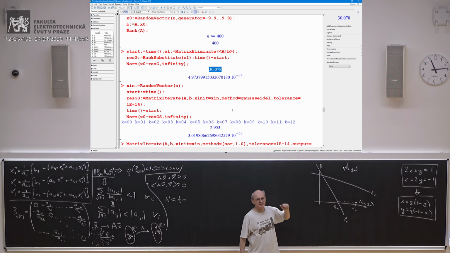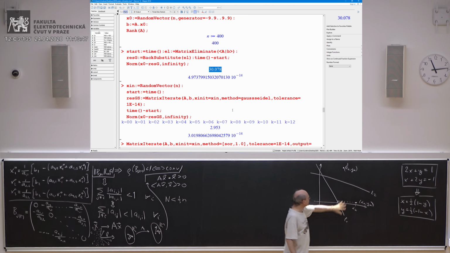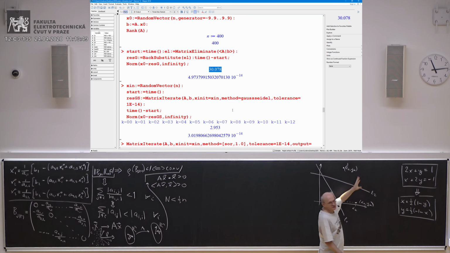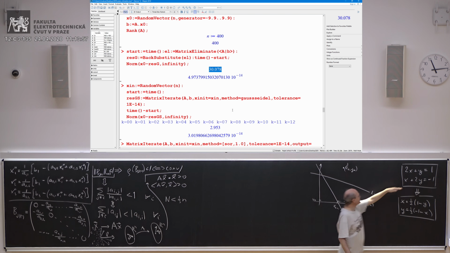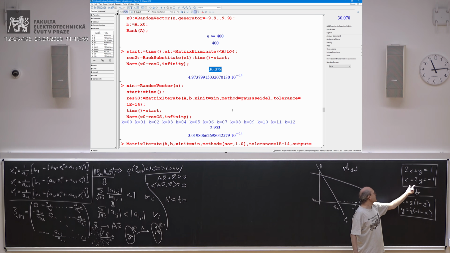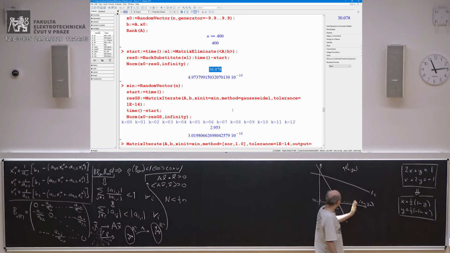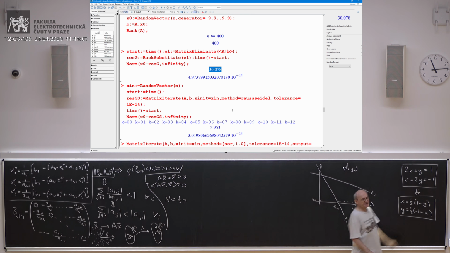We also need to determine yk plus 1, and we do it independently. That's the beauty of Jacobi iteration. We can do it in parallel. So I have xk, yk. Here I can see yk. Now I look at the second line, and using xk as a constant, which means that I'm moving in the vertical direction, I find new y.